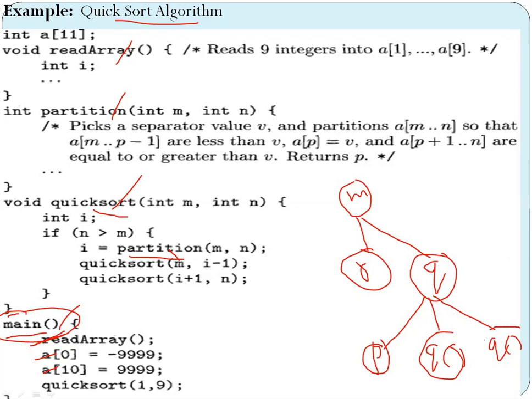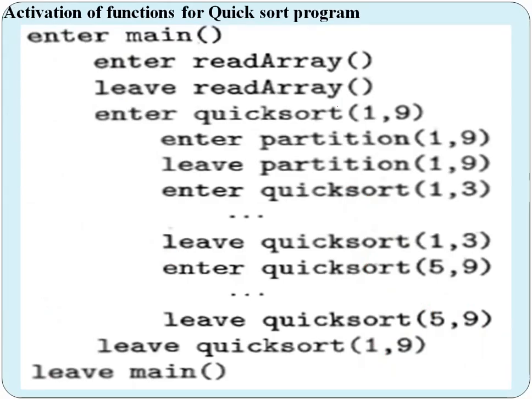comma n. In this way, a tree structure is generated to represent the active procedures, or the way the functions are called during program execution. This is represented using the tree structure called the activation tree. See the calling sequences. The main function started and calls the read array function. After execution of read array, it leaves read array.